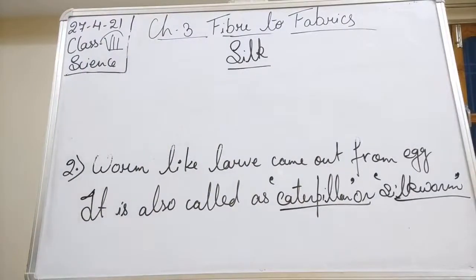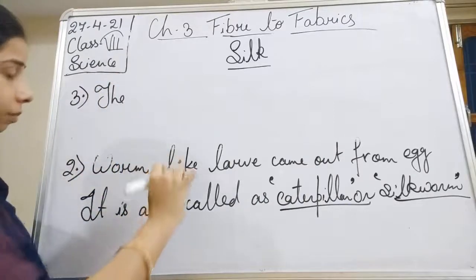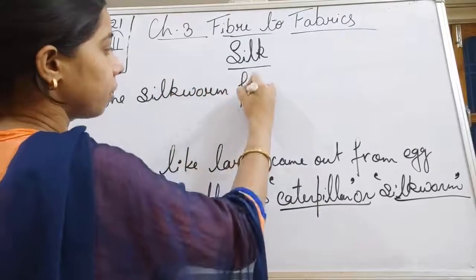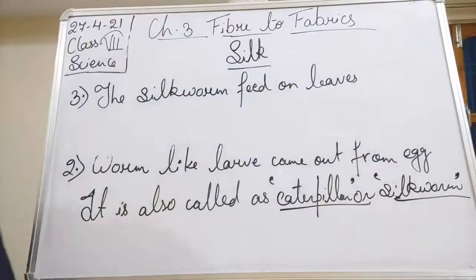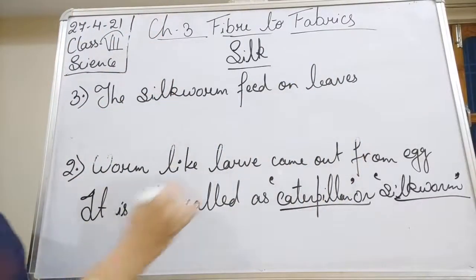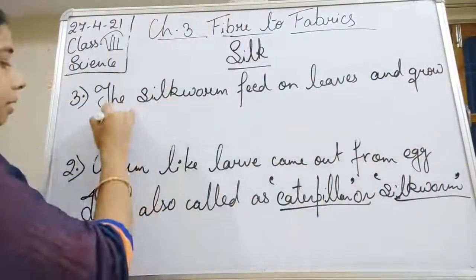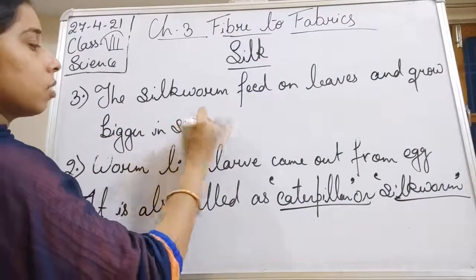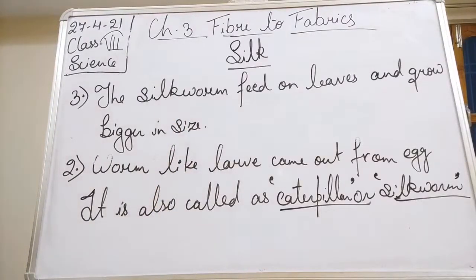So we can write here that the silkworm feeds on leaves and grows bigger in size. Now the silk is formed.